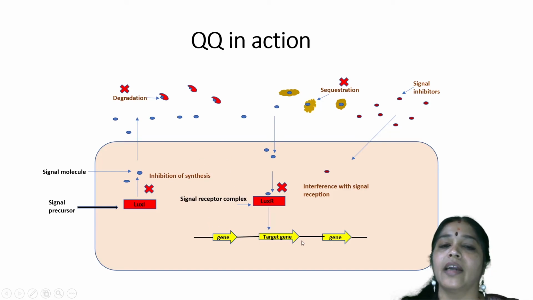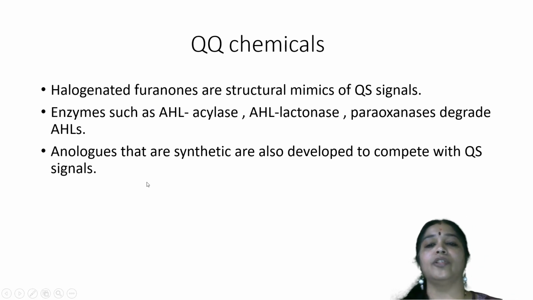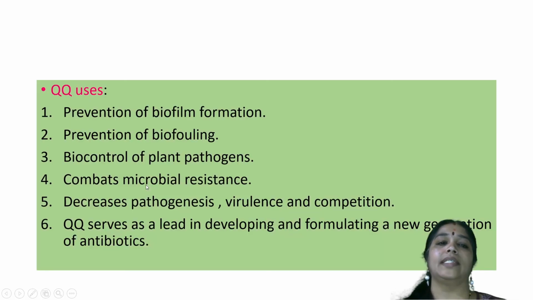Here, obviously if the autoinducers are not there, the target gene will not be expressed. Some of the chemicals, halogenated furanones, are structural mimics of QS signals. Enzymes such as AHL acylase, AHL lactonase, and paraoxonases degrade AHLs. Synthetic analogues are also developed to compete with the QS signals.